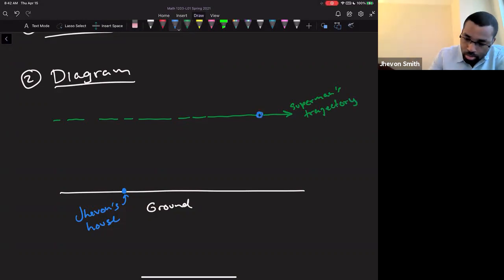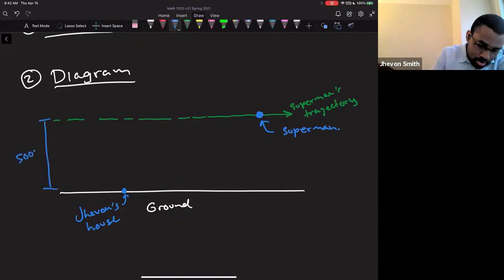Here's Superman. He happens to be here at this point, but he's flying in this direction. Okay. We do know he is at an altitude of 5,000 feet. And what do we know?